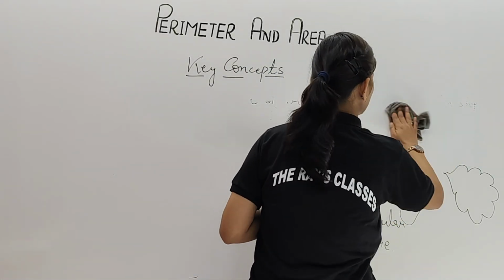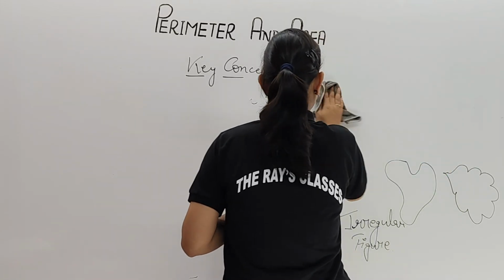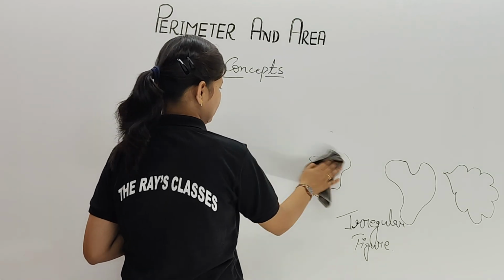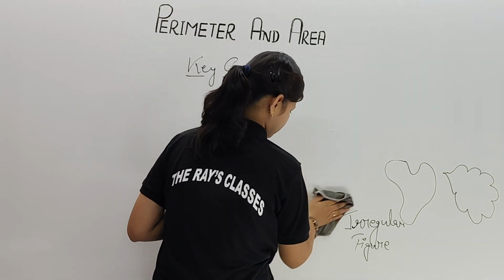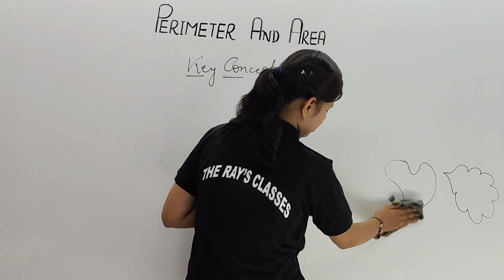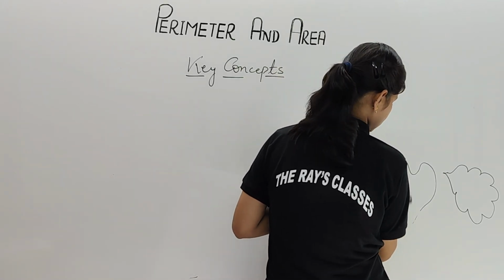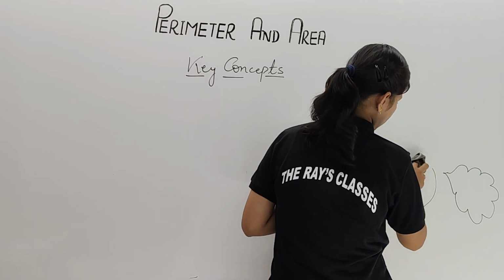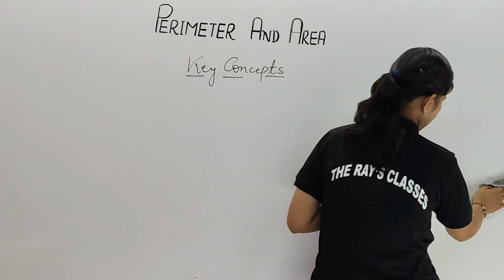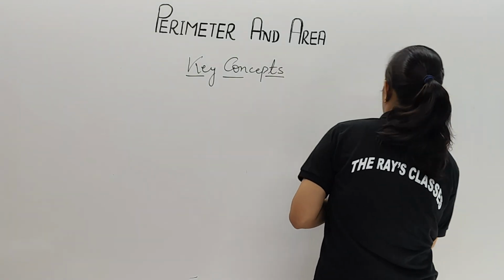Here I will compare both perimeter and area together, but to solve the numericals I will explain separately. Combining them together, we are going to discuss formulas, so that there will be no confusion in understanding both these terms.